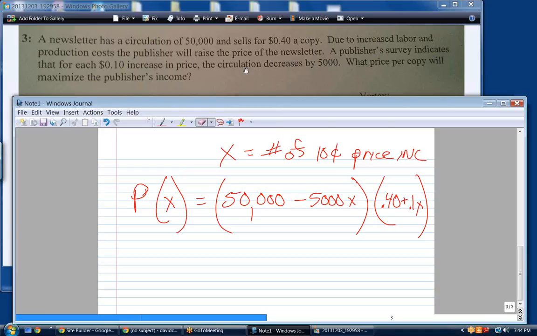And the key is just to make that variable the number of increases, the number of whatever these price increases are. If you start there, the rest of it kind of becomes obvious. In other words, once I figured out what to let X equal, figuring out this wasn't that hard, and figuring out this wasn't that hard.